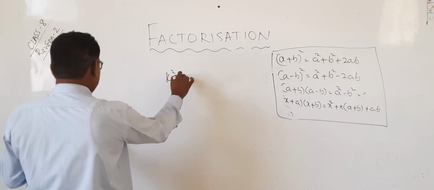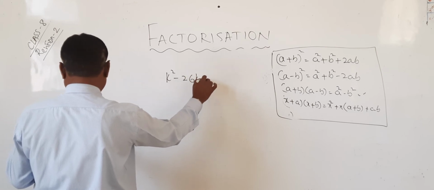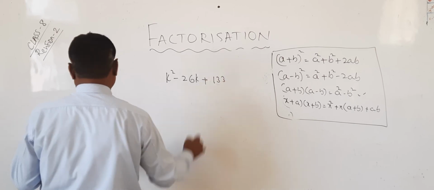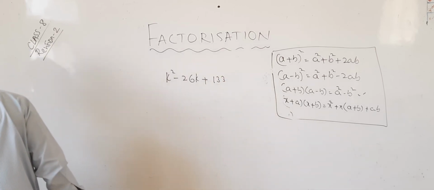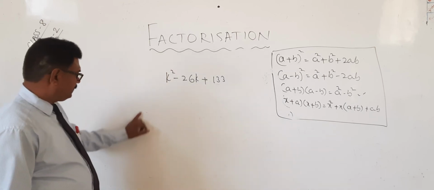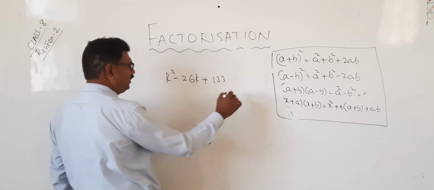k square minus 26k plus 133. Yes. We should factorize 133.